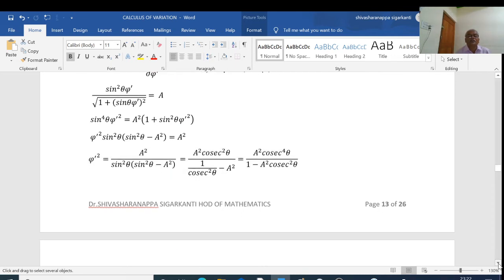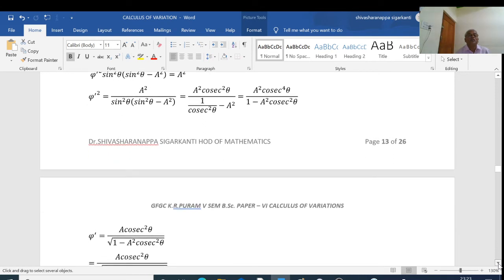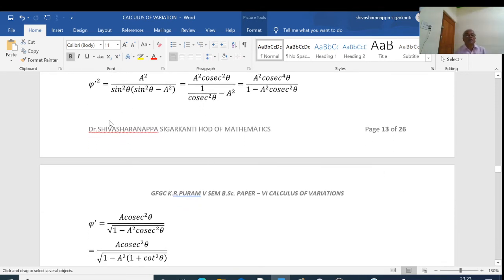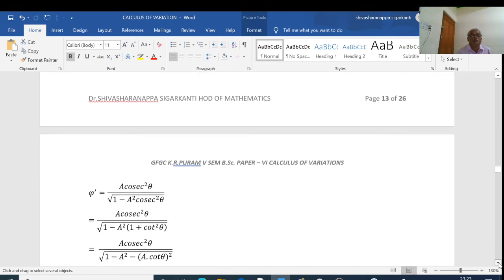Okay. Then taking the square root, I will get phi dash is equal to a cosecant square theta divided by denominator root of 1 minus a square cosecant square theta. And we know that cosecant square theta equal to 1 plus cot square theta. So here I will put cosecant square theta equal to 1 plus cot square theta.